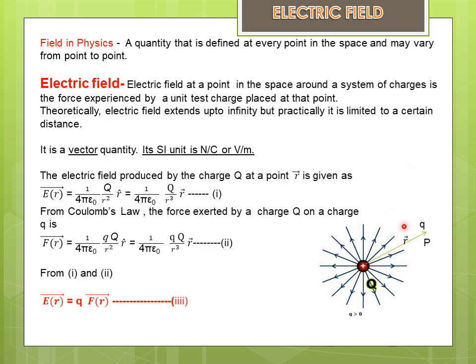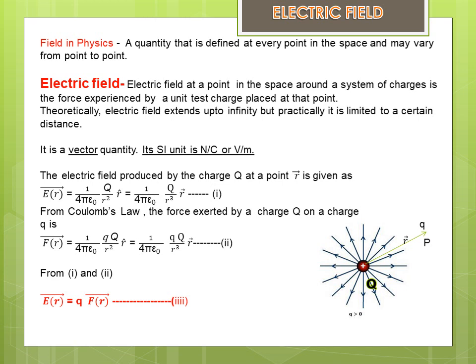This electric field is a vector quantity and its unit is Newton per Coulomb or volt per meter. Newton per Coulomb, if we see this unit, then we can see it is the force experienced by a unit positive test charge.